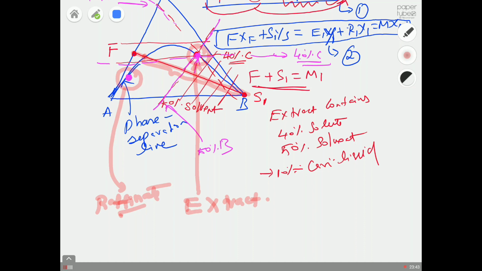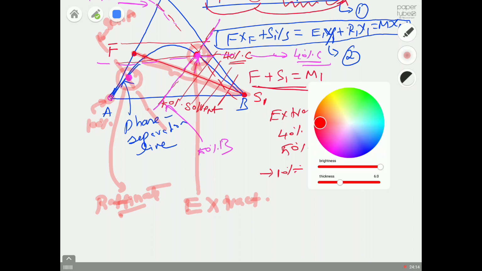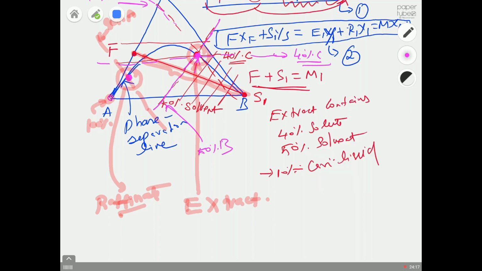So what does that point mean? If my raffinate contains, say for example, following the highlighter, this is our 100% of A. So this will be roughly around 80% of A.